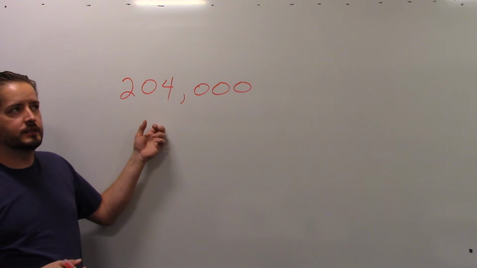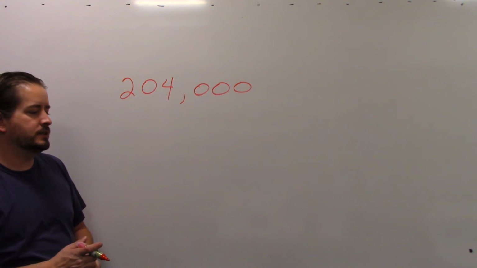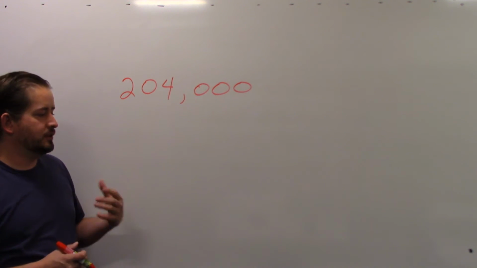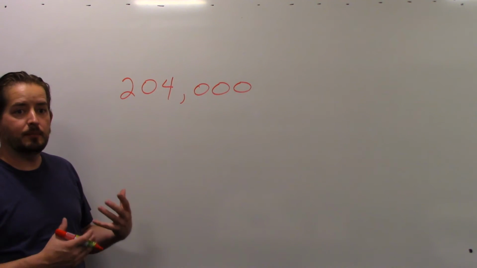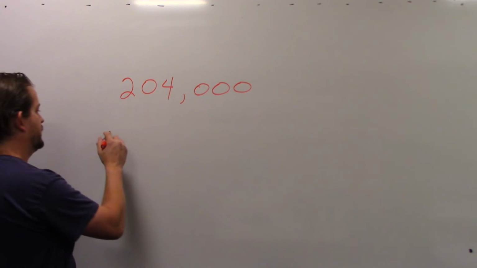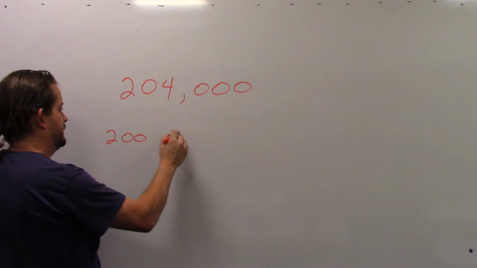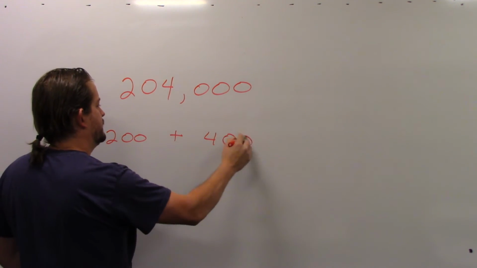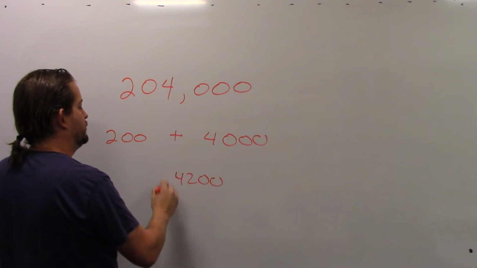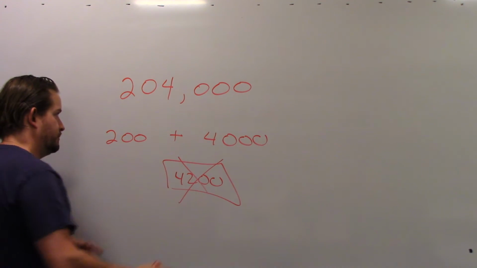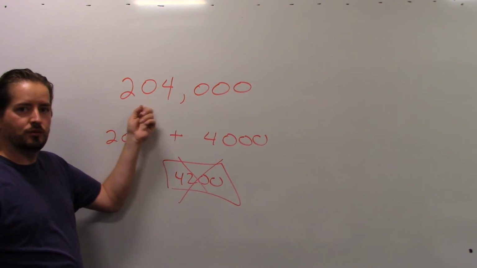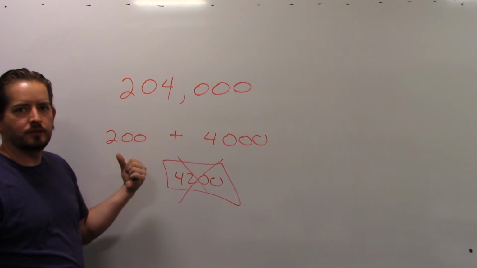But English is one of the few languages that we have the grammatical structure that we do. Other languages, if I said 204,000, they might think that I mean 200 plus 4,000. So 204,000, which if we add these together gives me 4,200, which is not what I meant. I meant 204,000, but I said 200 added to 4,000, right?